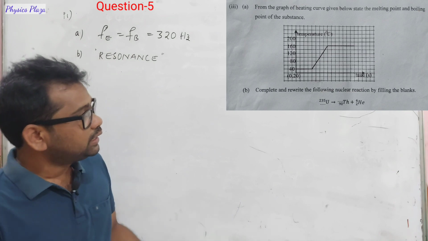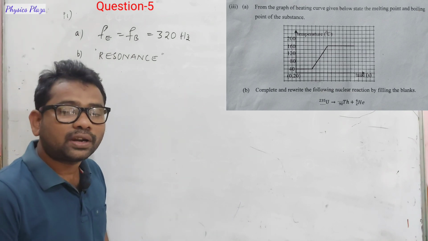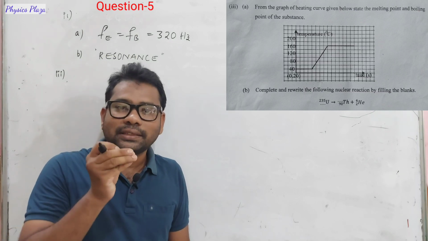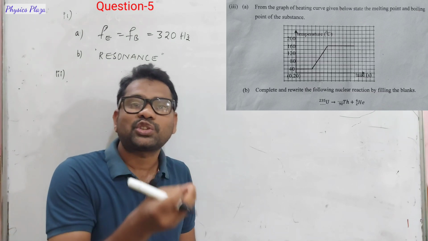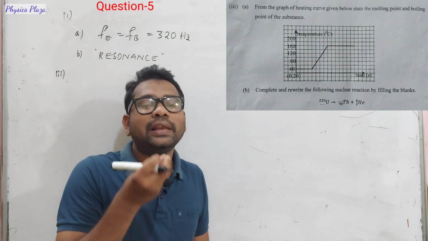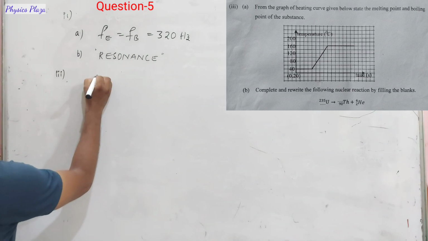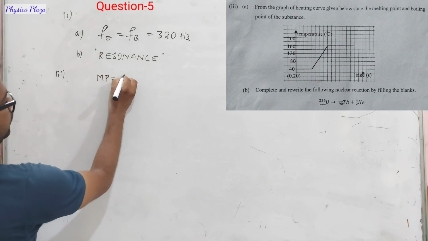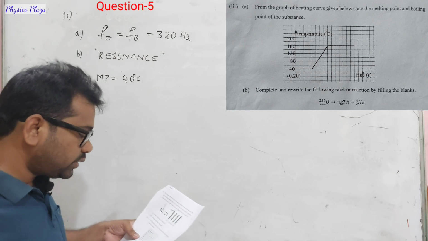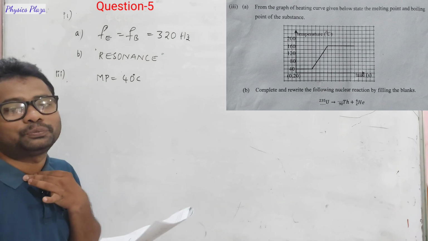The curve is flat, which means during that period the temperature is not rising. Rather, there will be a change in state. As it is the initial state, it will be from solid to liquid. So here the melting point is 40 degrees Celsius, and similarly they are asking us to write the boiling point also.